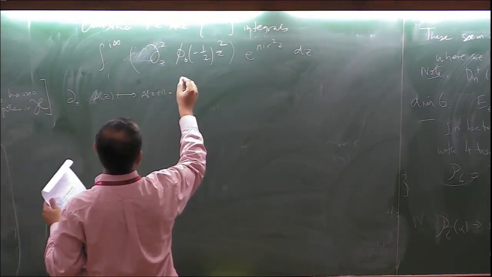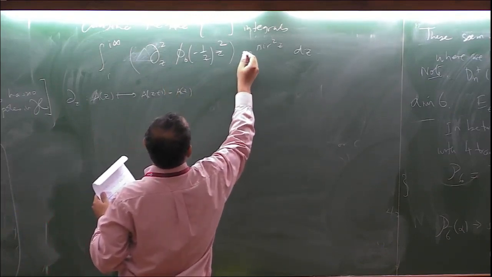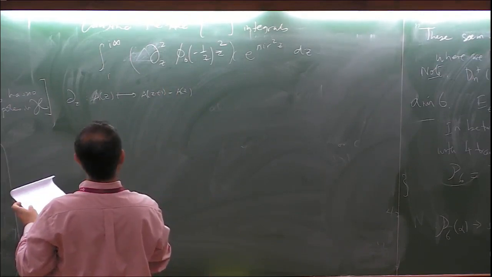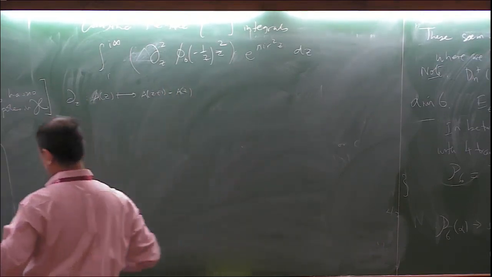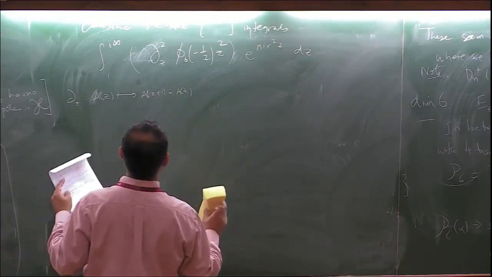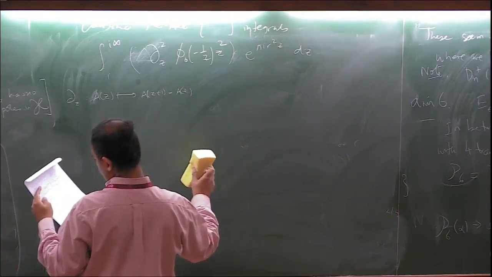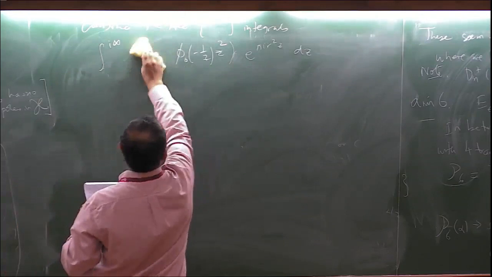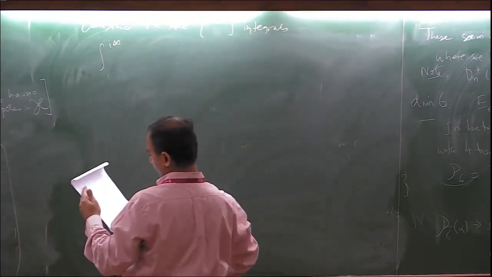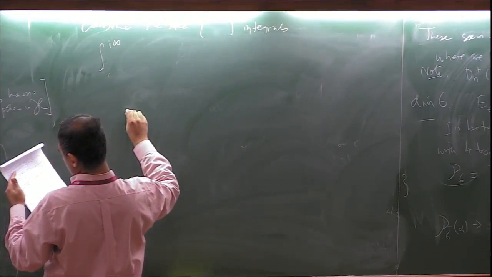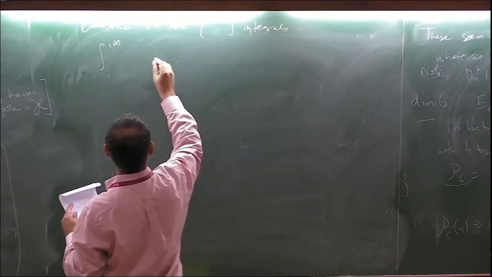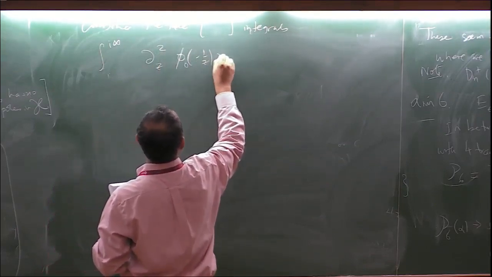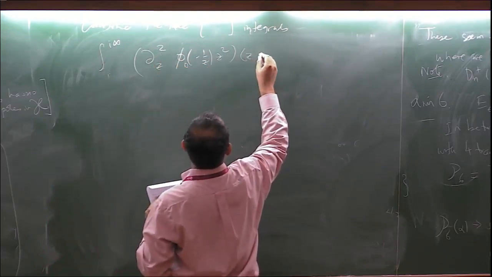Let me just write it out. Sorry. Let me write delta z squared of phi 0 of minus 1 over z, z squared, but evaluated at z minus 1.